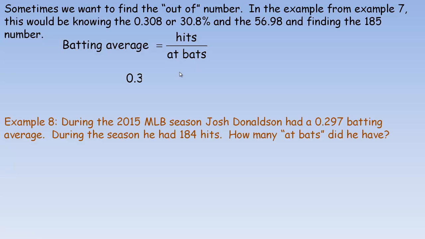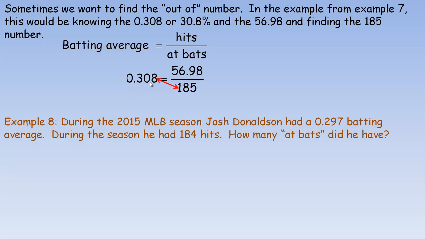If we fill in the values, the 0.308 and 56.98, we're pretending we don't know the 185. I'm showing you how to get it here. When you cross multiply, this multiplied by this would equal the 56.98.